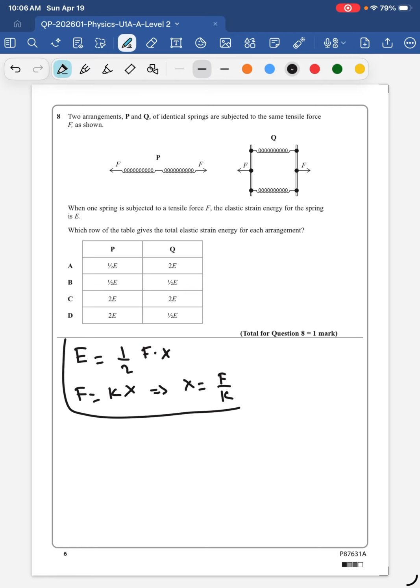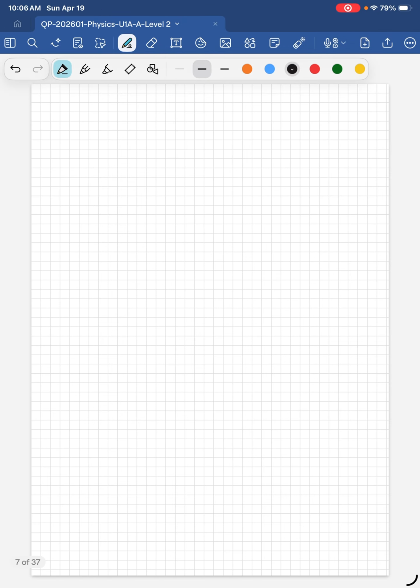Let's keep this as a reference. Now in series, which is arrangement P, the same force causes a 2x extension.